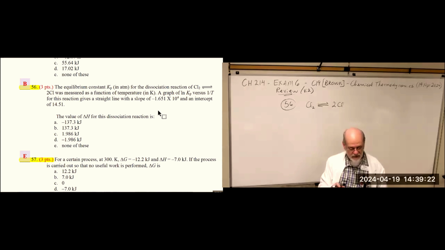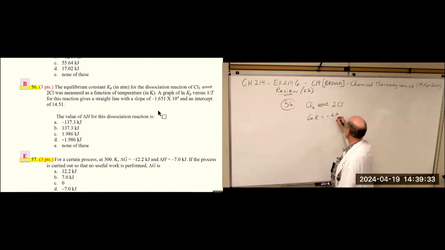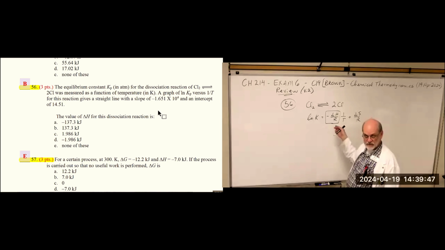The value of delta H for this dissociation reaction is... here again, natural log of K equals negative delta H over R times 1 over T plus delta S over R. If they're asking what's delta H, we want the slope of that line, because that's what the slope is.